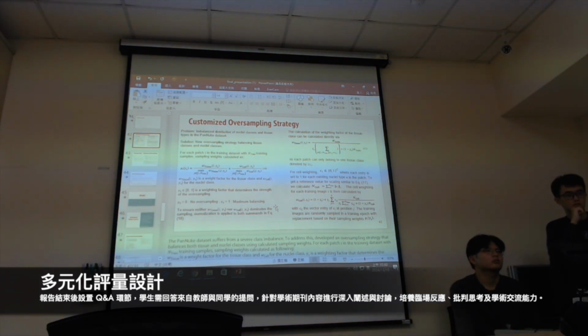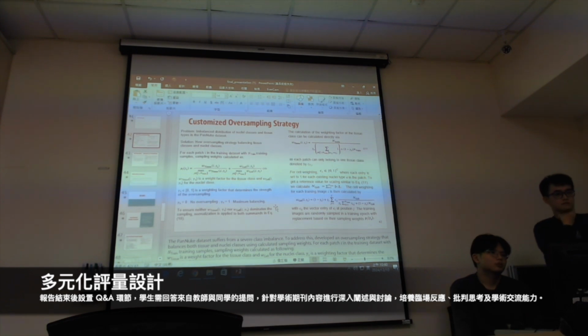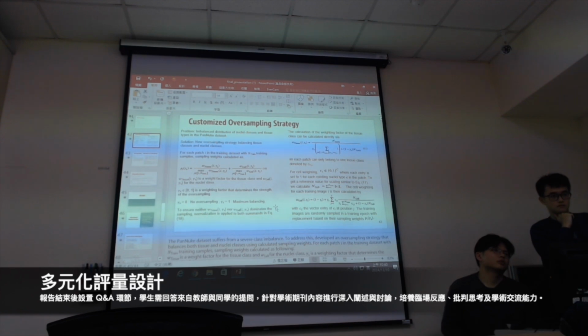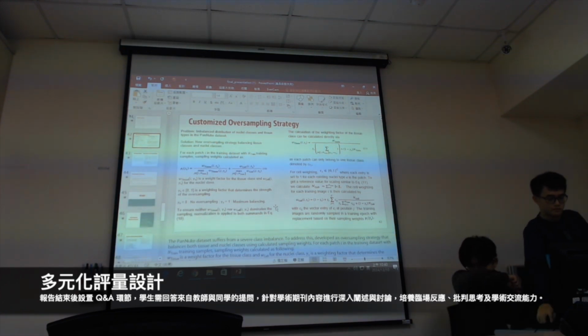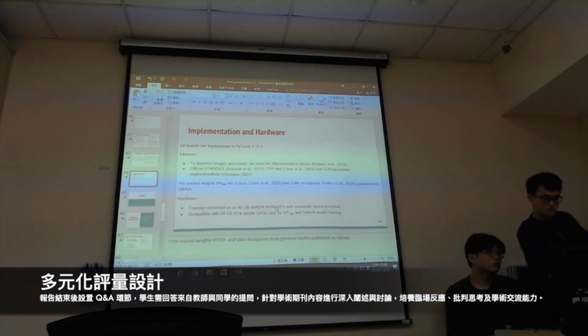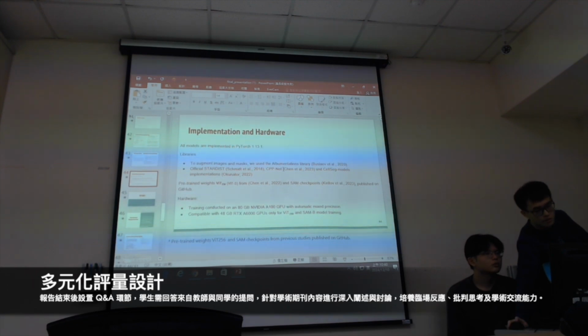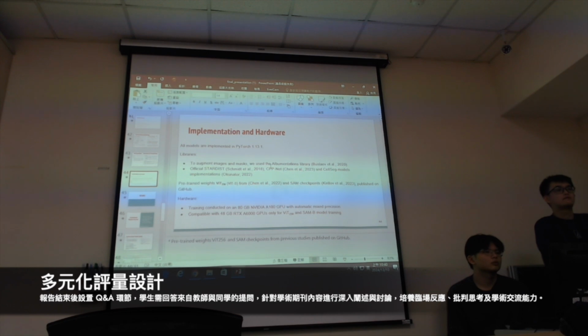Maybe they put the same cell into a list many times and then apply augmentation. I think it's this one, because they mentioned they use another library for augmentation. Which library? Oh, I know that. Okay, so they use this to do augmentation.